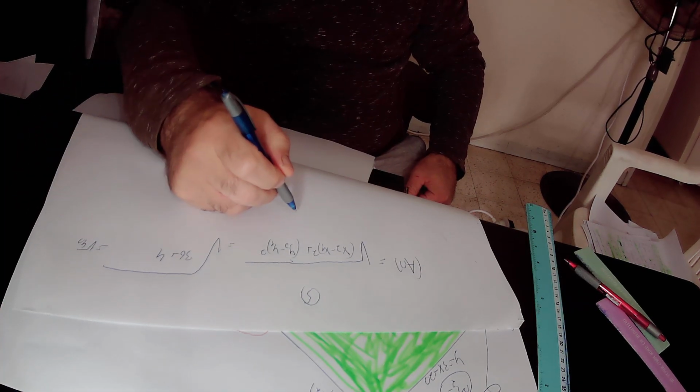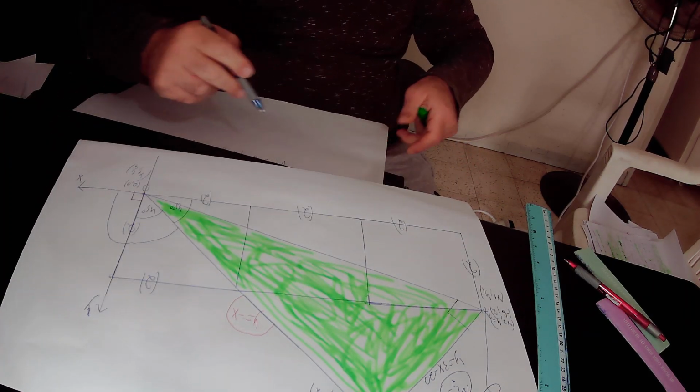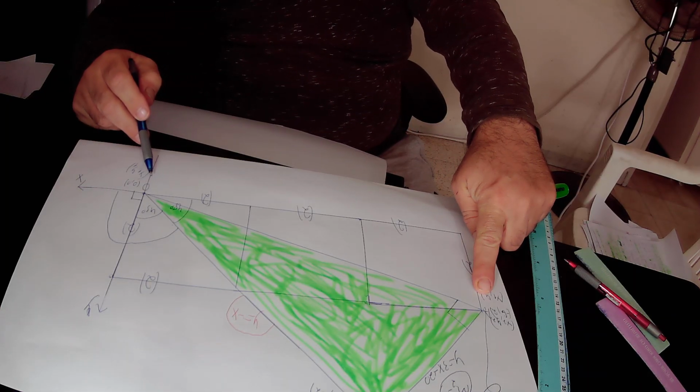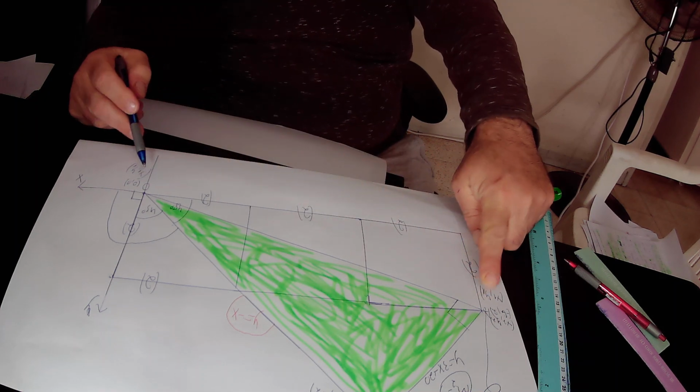So in total we found out that the length of side AO, again the distance between points A and O, is the length of the height AO. Okay?